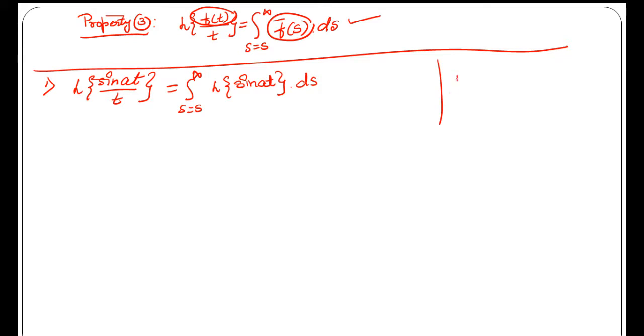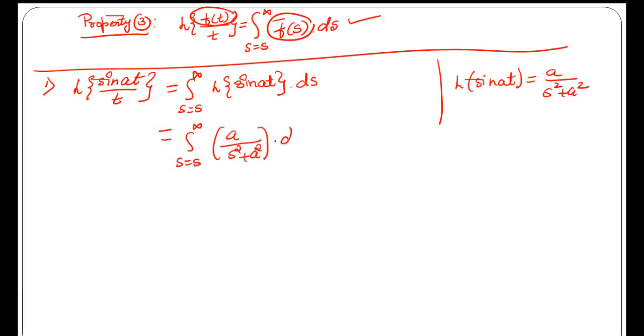And we know that the Laplace transform of sin at, the elementary function, is a by s square plus a square. So substitute here: the integration from s to infinity of a by s square plus a square with respect to s.